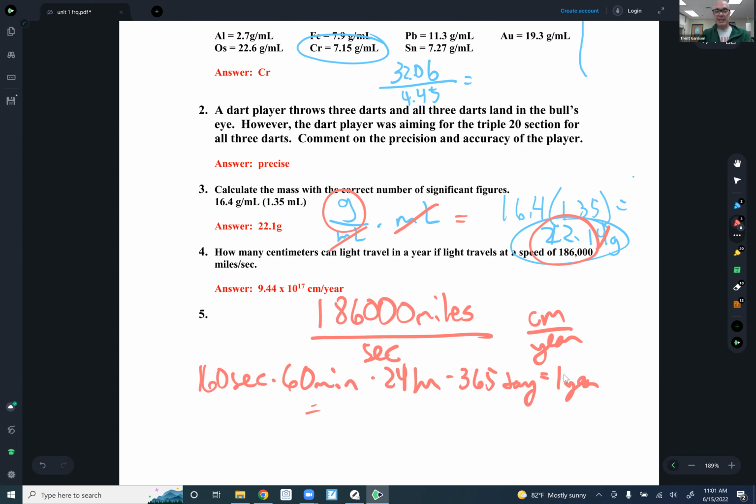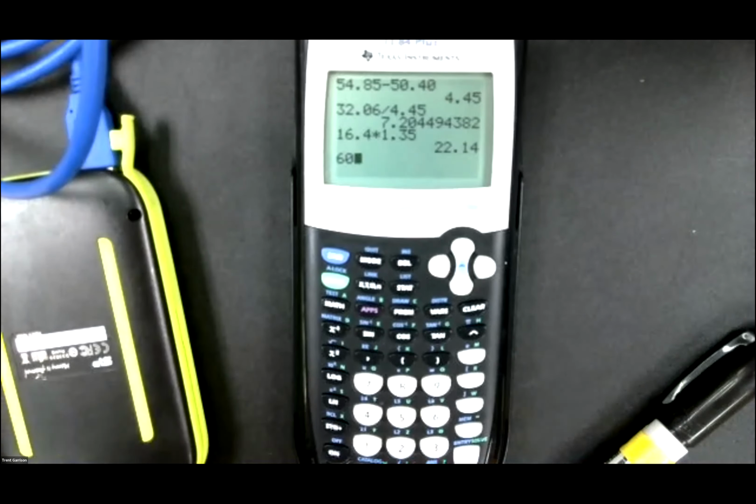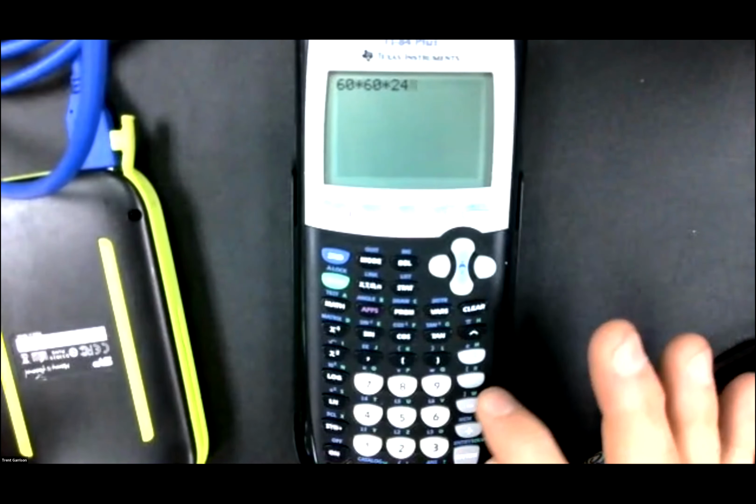So if I put that into a calculator here, let's see what that comes up with. So let me shift my screens. So that's 60 seconds. Clear it out. 60 seconds times 60 minutes times 24 hours in a day times 365 days in a year.